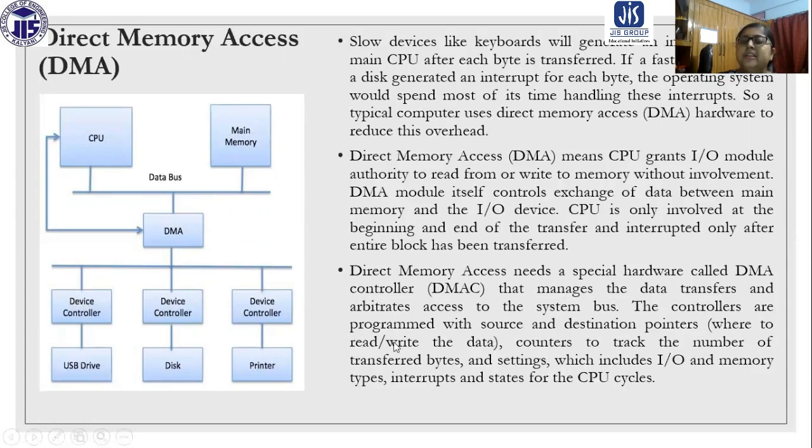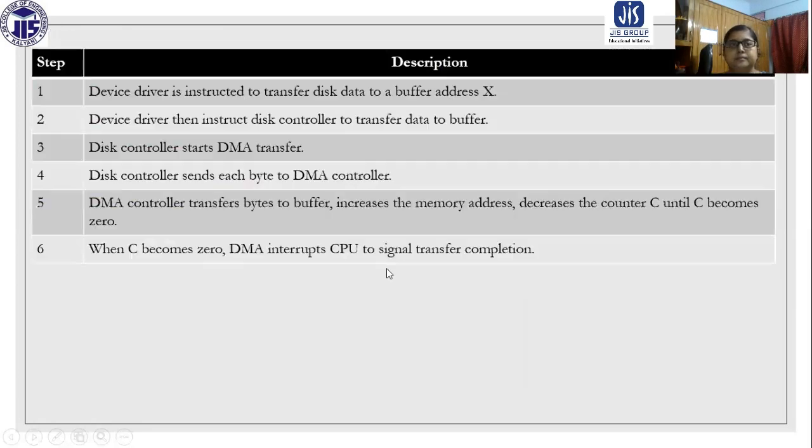The controllers are programmed with source and destination pointers, where to read or write the data, counters to track the number of transferred bytes, and settings which include IO and memory types, interrupts and states to the CPU cycle. So a DMAC is required for this kind of communication. Okay.